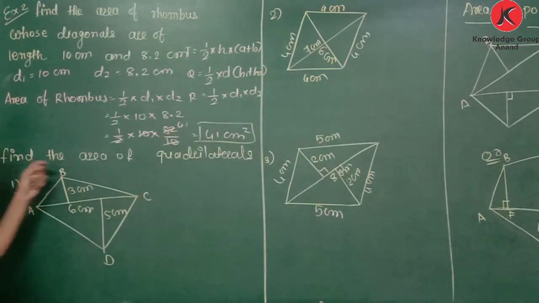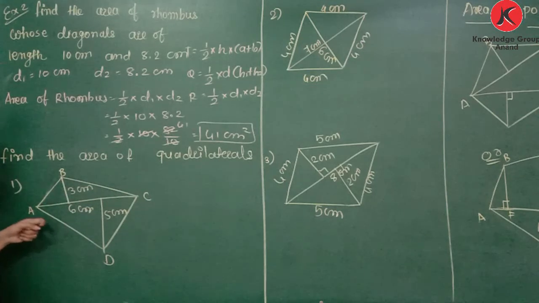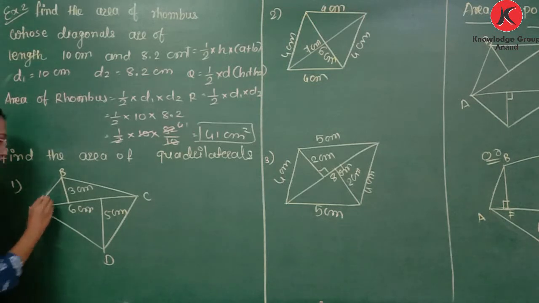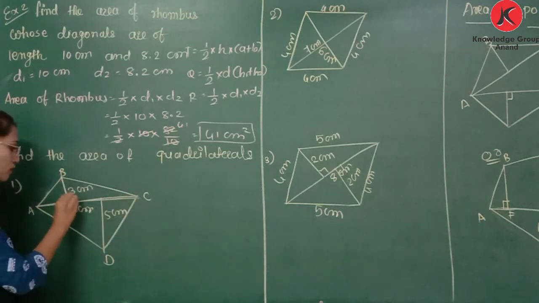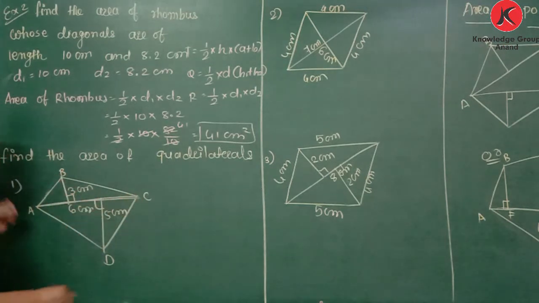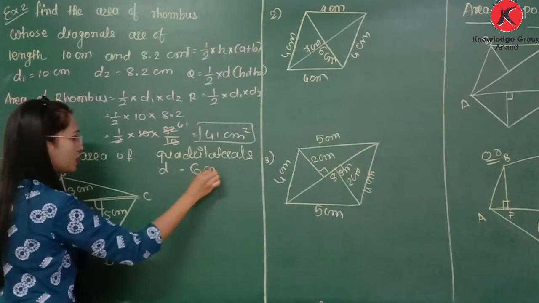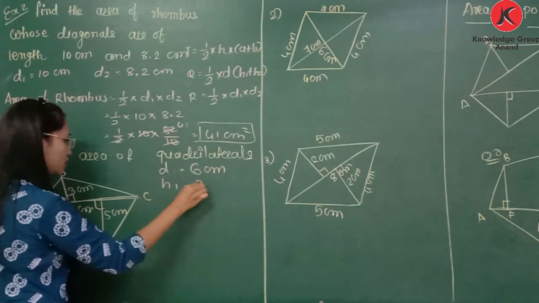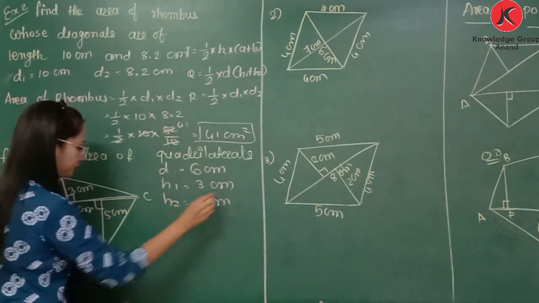Now next, find the area of the quadrilaterals. Here different figures are given and you need to find the area of each quadrilateral. In the first one, this is not a known shape, so it is a general quadrilateral. Now this is the diagonal, this is height 1 and this is height 2. So diagonal is given as 6 cm, h1 is 3 cm, h2 is 5 cm.